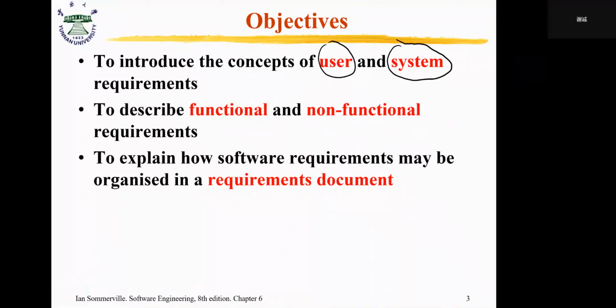So this user requirement is normally not for you to read. They are for the end user or your client to read, to check whether this requirement fulfills their real requirement. But the system requirement is normally only written by the development team. It will not be seen by the end user or client.